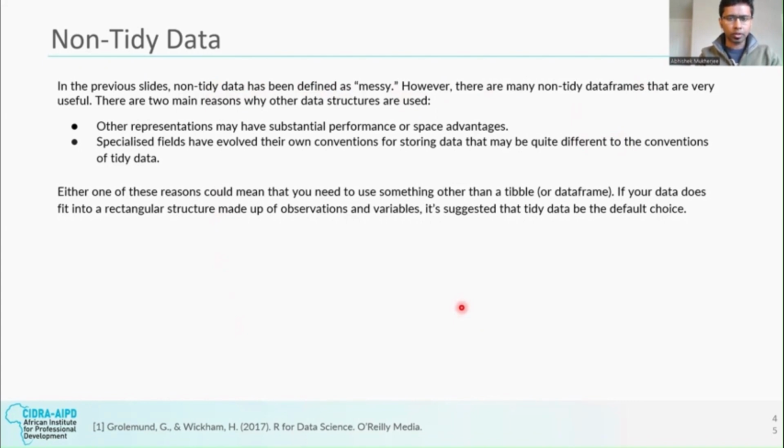So whenever we are working with text data, we use the concepts of natural language processing to clean and work with text data. So we'll not go through the concepts of natural language processing in this case, but this is one of many examples of when non-tidy data makes sense. But if our data does fit into a rectangular structure made up of observations or rows and variables, then it is suggested that the tidy data should be the default choice.